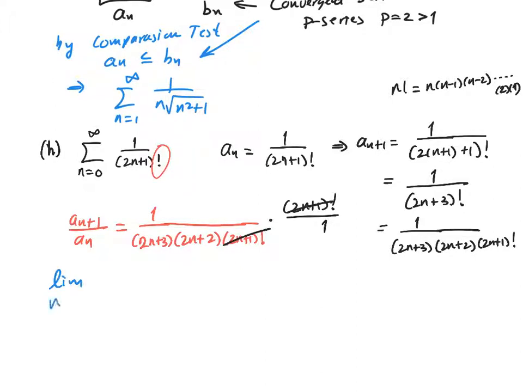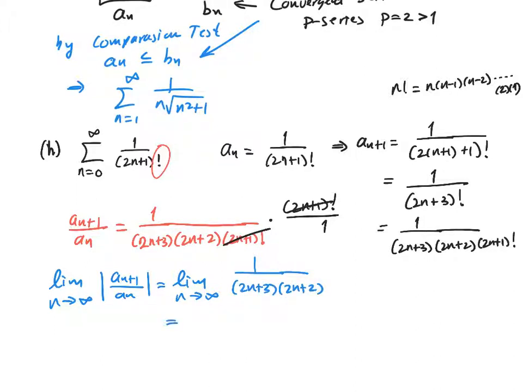So the limit as n goes to infinity of the ratio is equal to the limit as n goes to infinity of this, which clearly is equal to 0, this is less than 1, so that implies this is convergent. It's actually absolutely convergent by the ratio test. That's it.